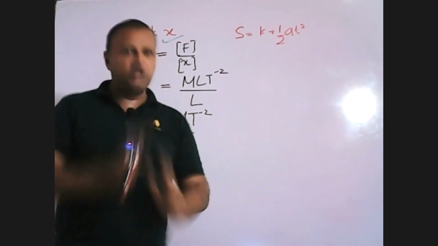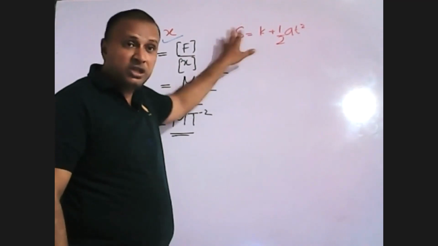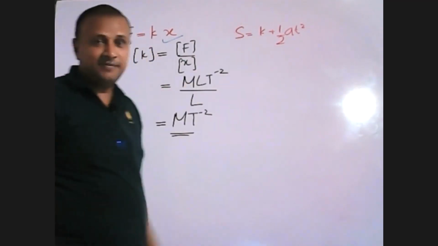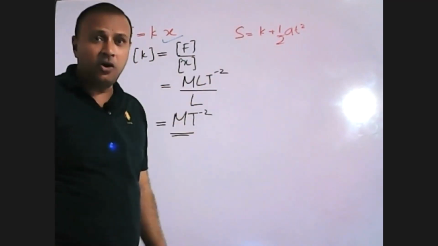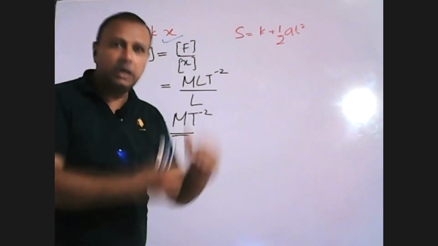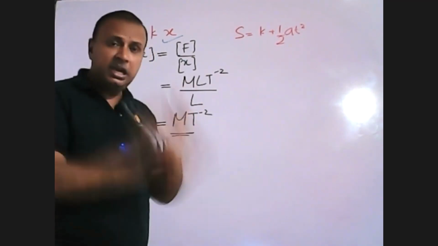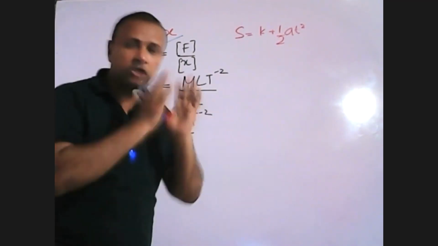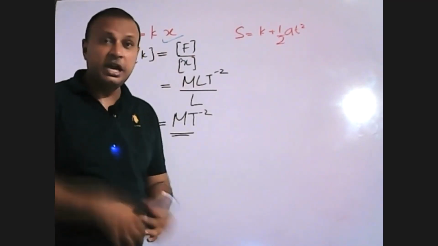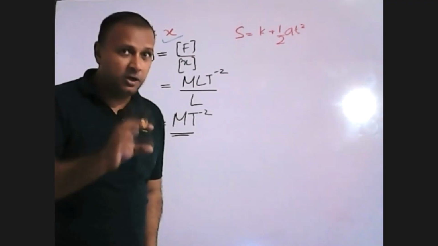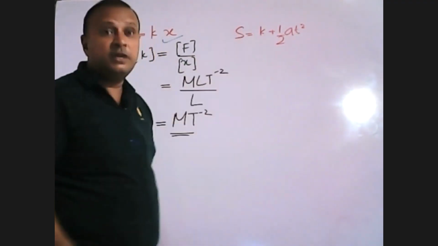According to that logic, k should have the dimension of s. Because according to our logic, if the equation is correct, each and every term has the same dimension.